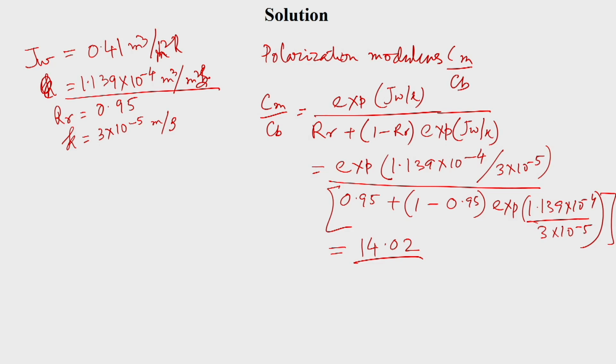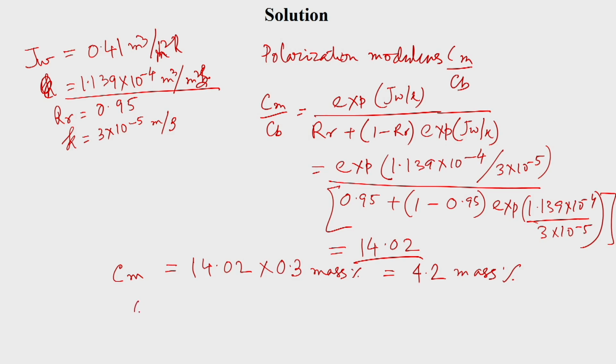Okay. Now, we need to get Cm, which is 14.02 into Cb, where Cb is 0.3 mass percent. So, it is coming out as 4.2 mass percent.